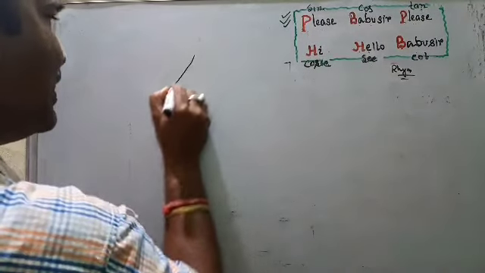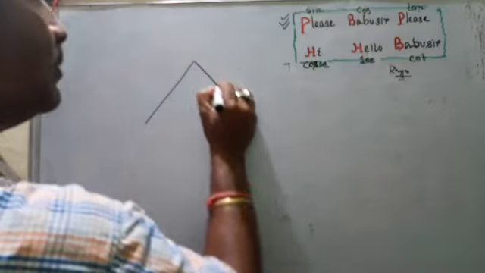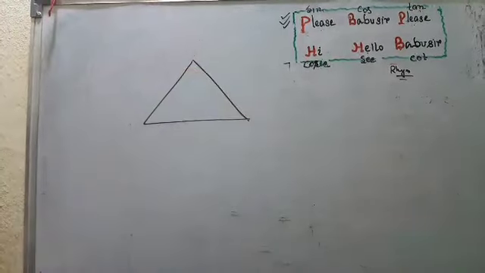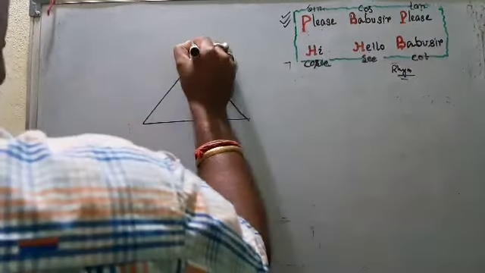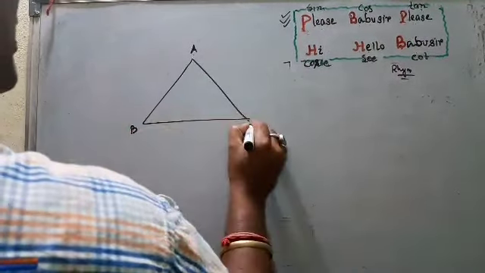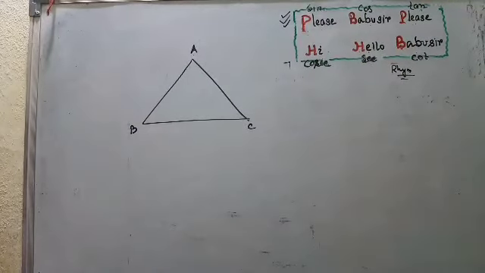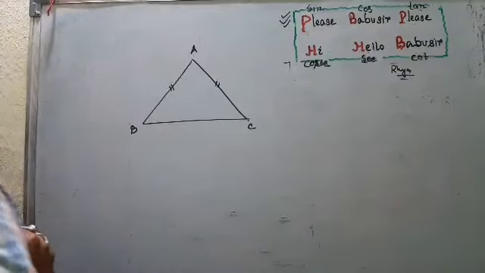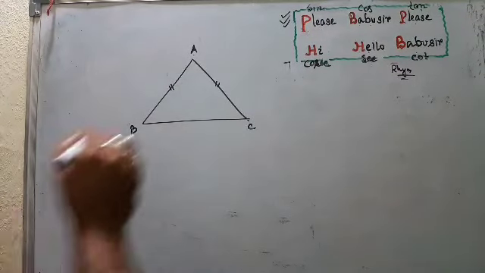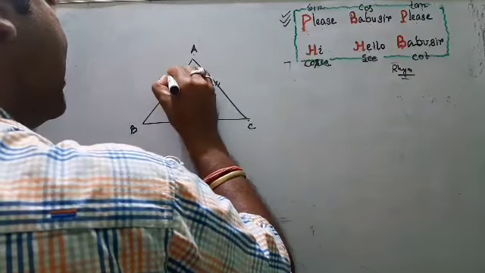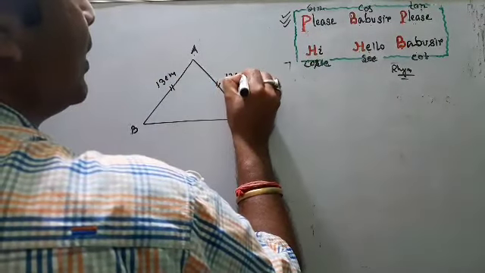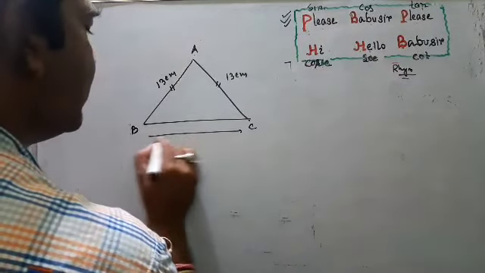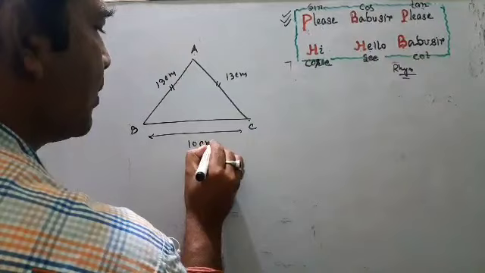Suppose there is an isosceles triangle. It is not given that this is a right angle triangle, only given ABC is an isosceles triangle. So isosceles triangle means this side and this side are equal. Suppose this side is given 13 centimeter and this side is given 13 centimeter, and this BC is given 10 centimeter.